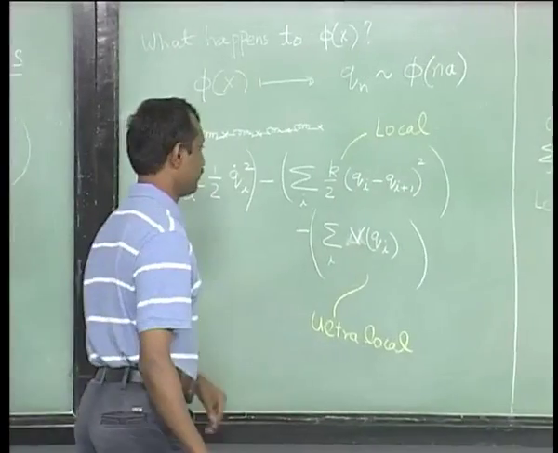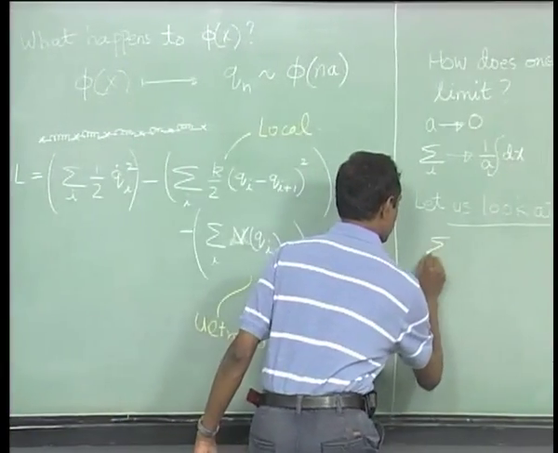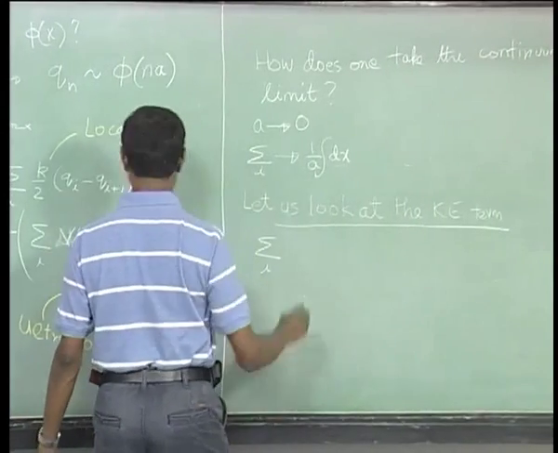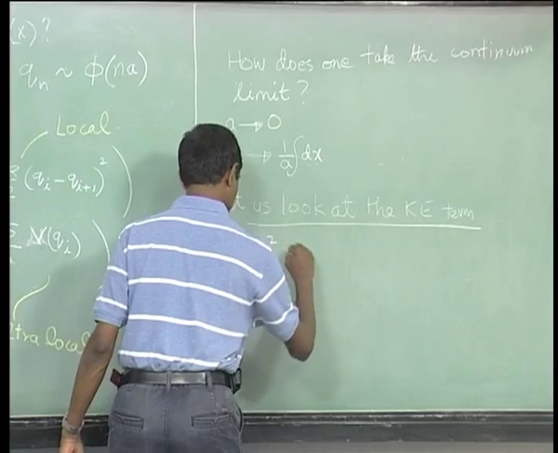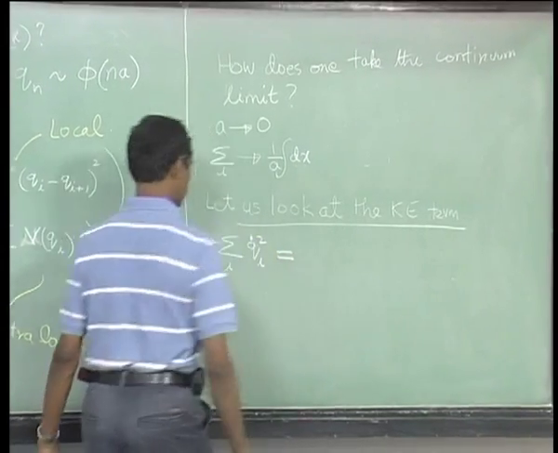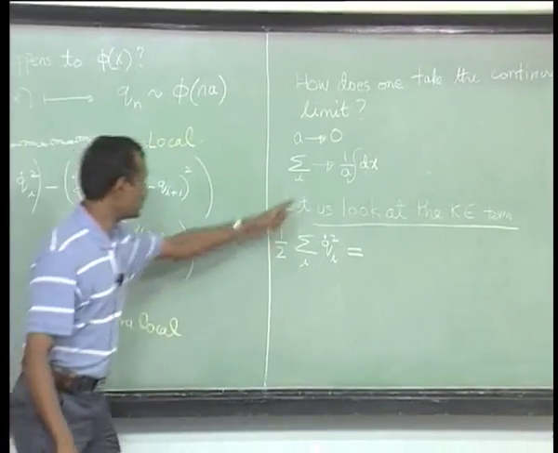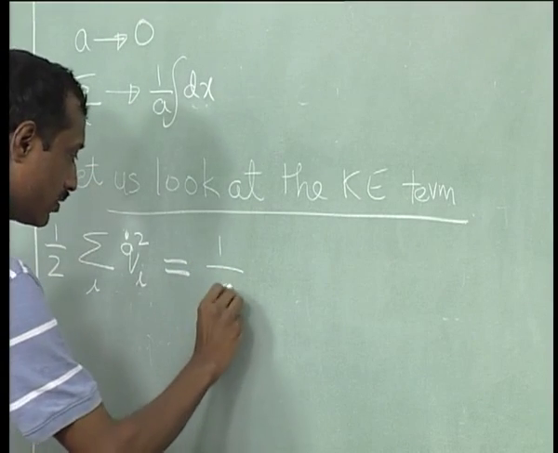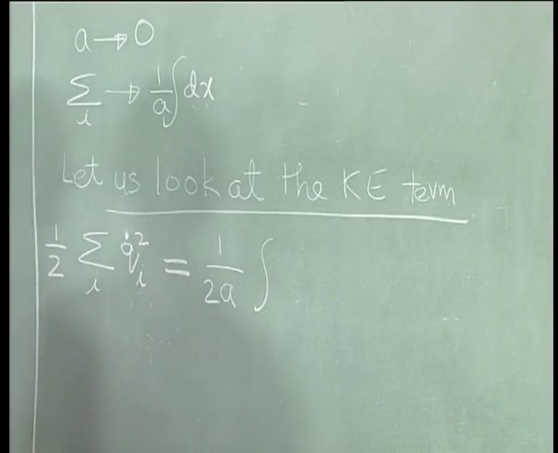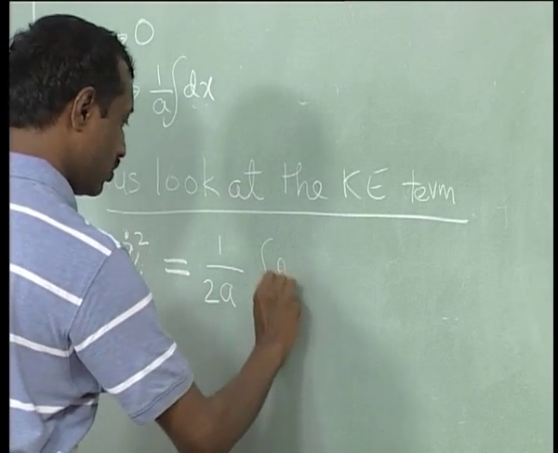This says that I should go ahead and replace the summation by 1 over a, so this just becomes 1 over 2a integral over x.